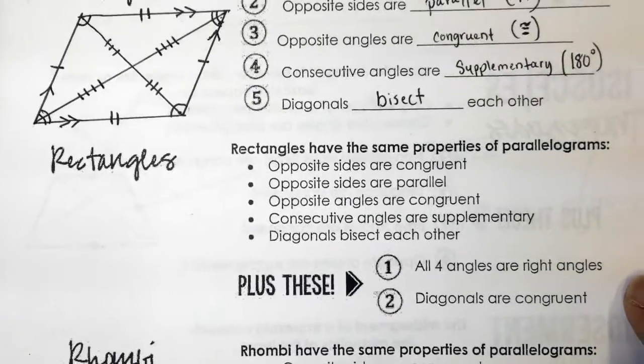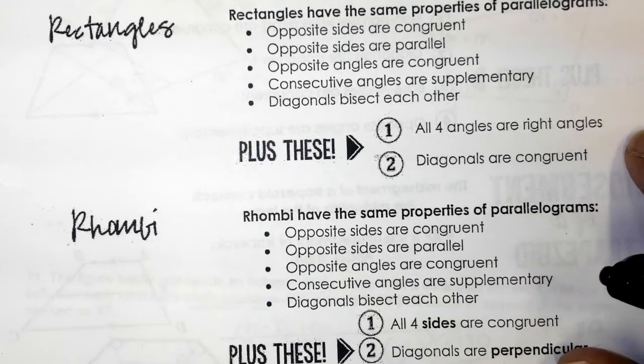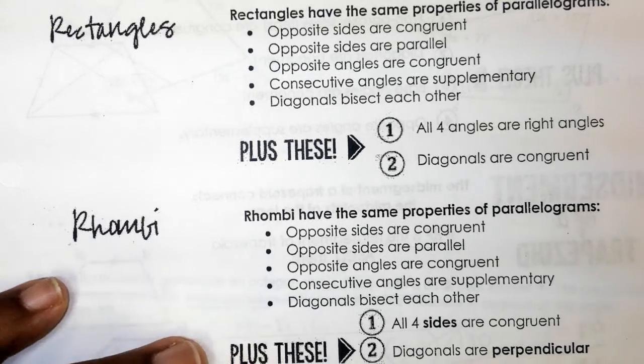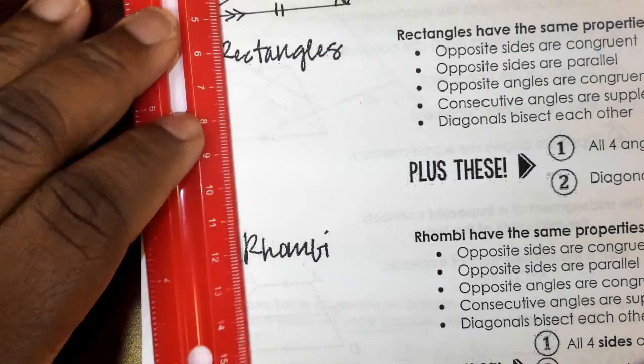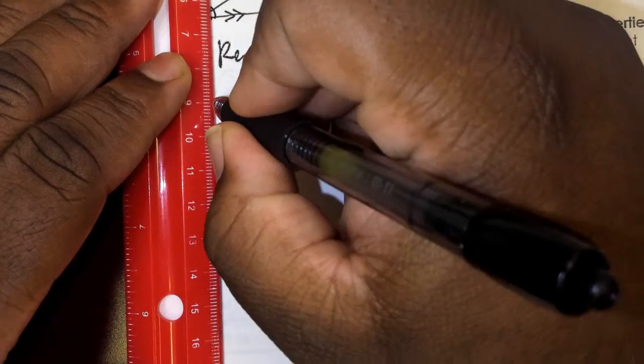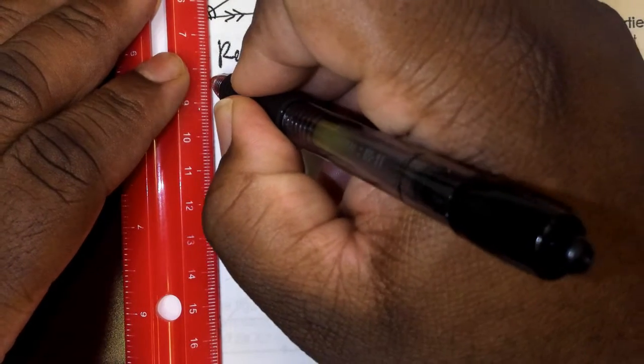Alright, slide back. So a rectangle, I'm going to draw that and show you the 2 additional properties. I'm just drawing a rectangle so you can draw your own.